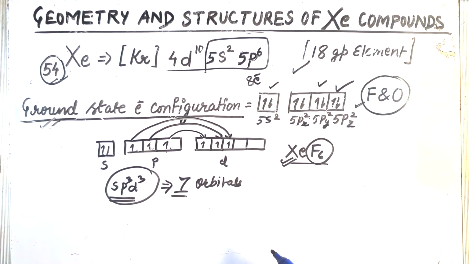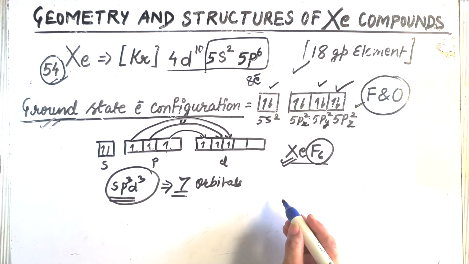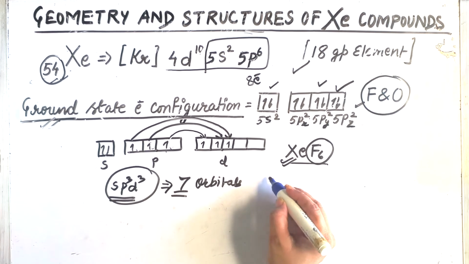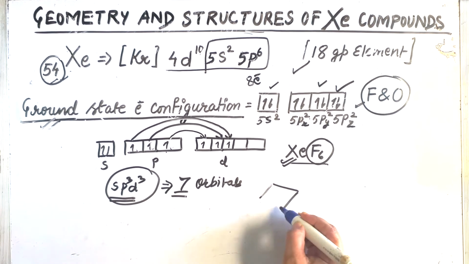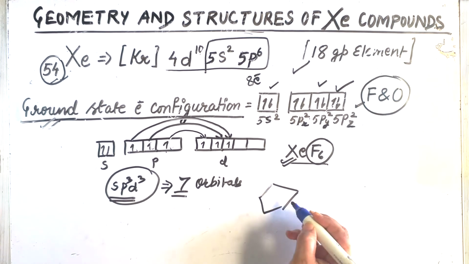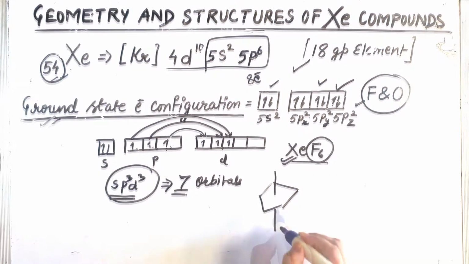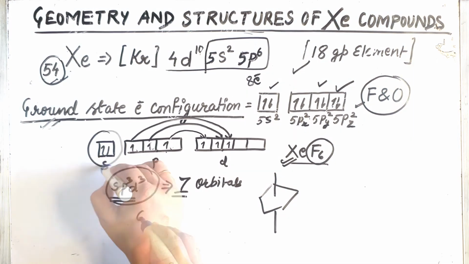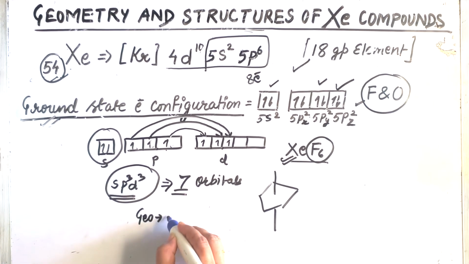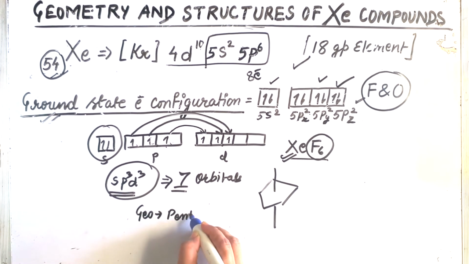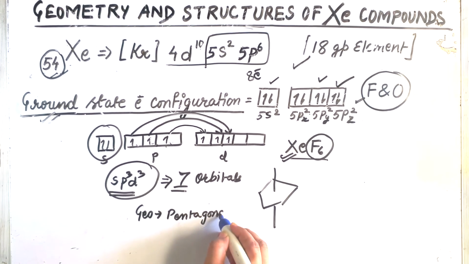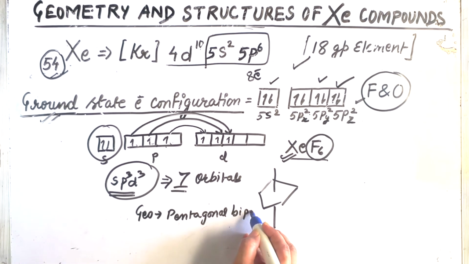And the only way for the orbitals to arrange themselves to feel the least repulsion is the pentagonal bipyramidal. So what is it? Pentagonal bipyramidal. We have one lone pair here. Geometry we have decided, and it is pentagonal bipyramidal.